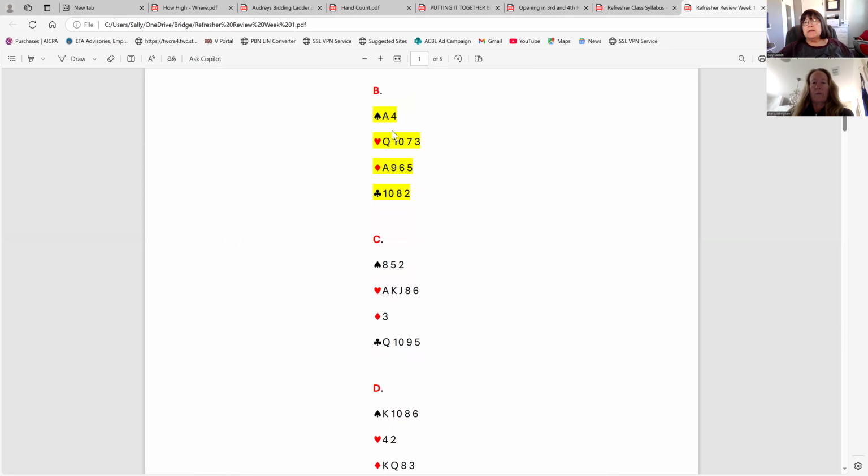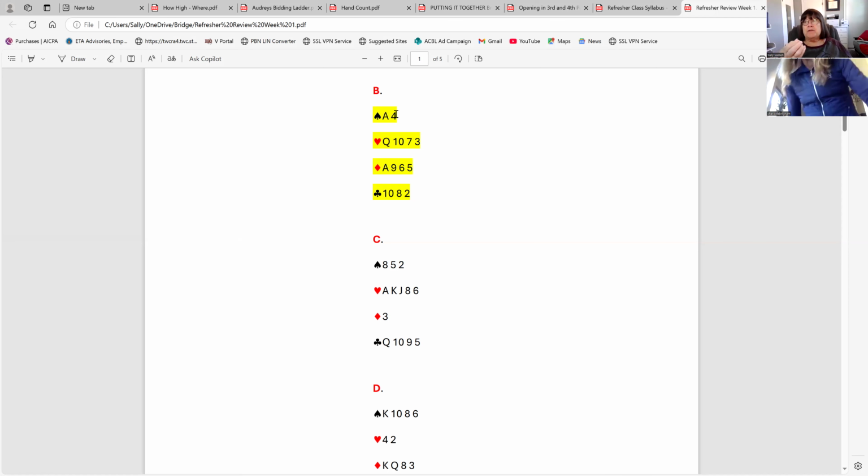Okay, now we're looking at the yellow, the top of the screen. Yes. And now we have 10 high card points plus one for the doubleton in spades. Now, I would mention that you need to be careful when you are adding shortness points, because we have already valued this doubleton because it has the ace in it.